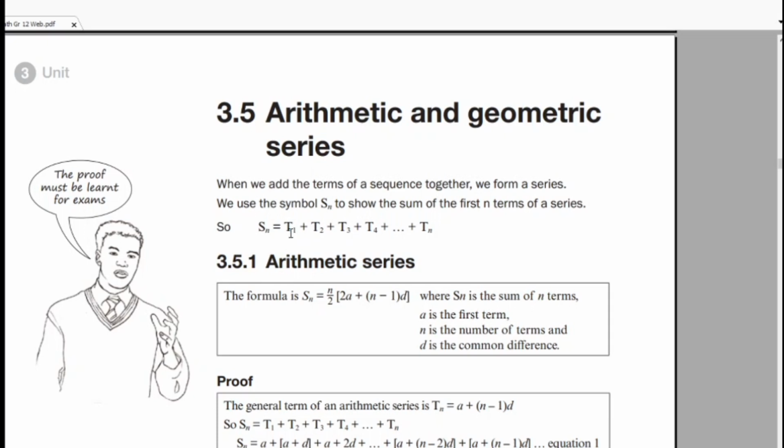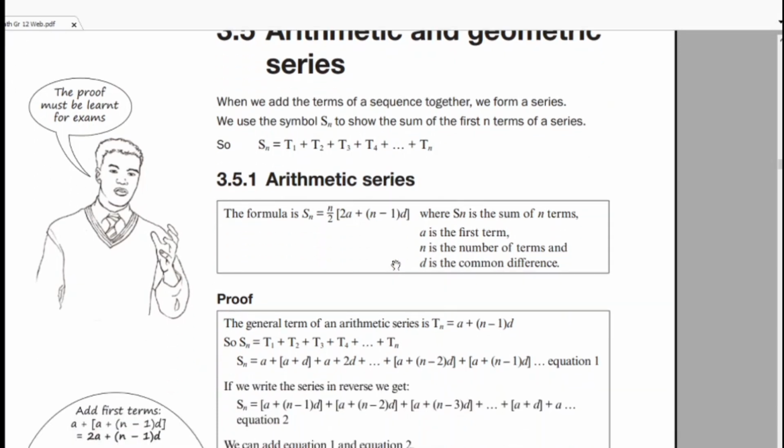So Sn is equal to T1 plus T2 plus all the way to Tn, right? So here is a formula for Sn for an arithmetic series, right? Sn is equal to n over 2 times 2a plus n minus 1 d, where Sn is the sum of n terms, a is the first term, n is the number of terms, and d is the common difference, right?